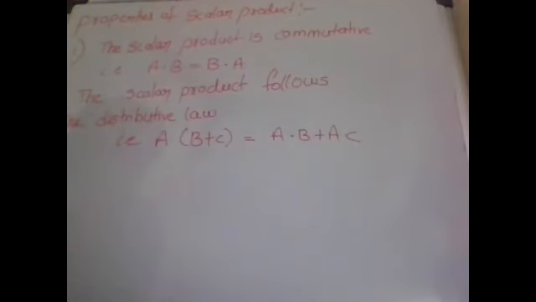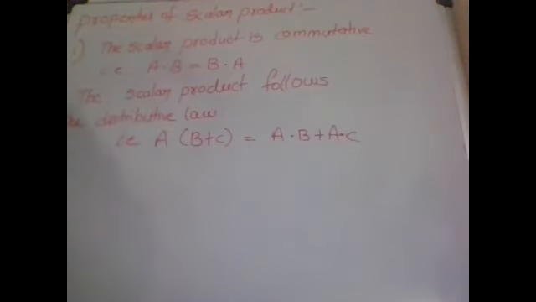The scalar product is commutative, that means A dot B equals B dot A. And the scalar product follows the distributive law: A dot (B plus C) equals A dot B plus A dot C.